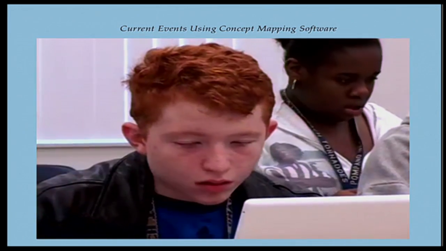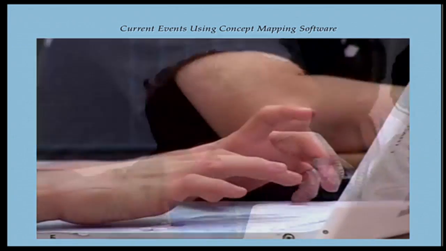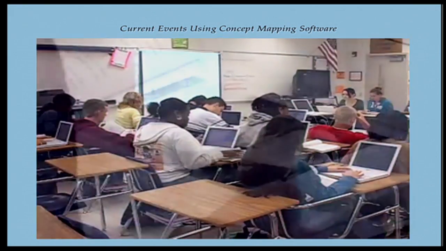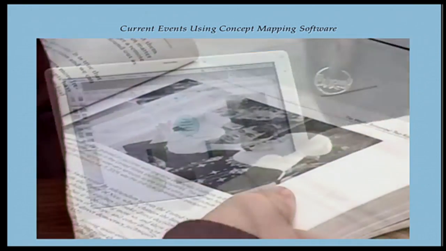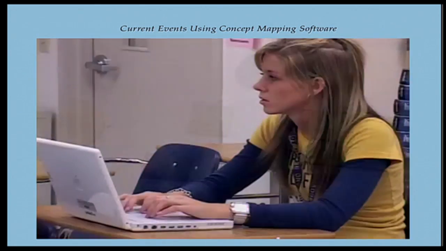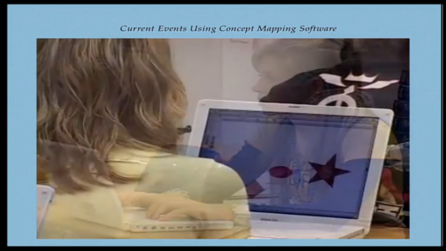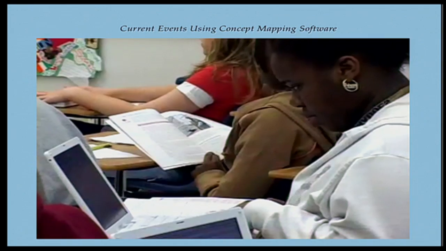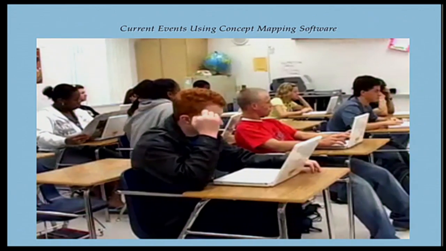And then I'm going to ask them at a later point to create Venn diagrams to discuss neorealism versus realism and neoliberalism versus liberalism. I find that when I have done lessons with Inspiration in the past, where I've used it as a note-taking tool, their scores on quizzes and essay tests just remarkably go through the roof, because not only are they learning the material, they're learning how to organize it within their own mind.